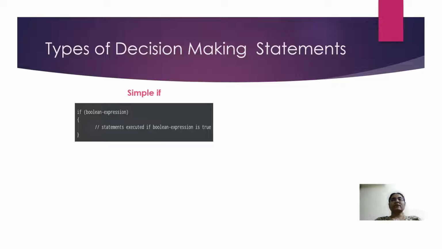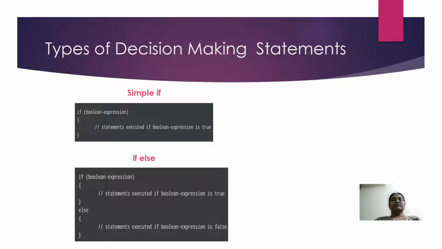The next type of decision making statement is if else, where you can check two conditions. Say, for example, you want to check the age of eligibility for voting for a person. The eligibility is that the age should be greater than or equal to 18. I can give the condition in this if block.